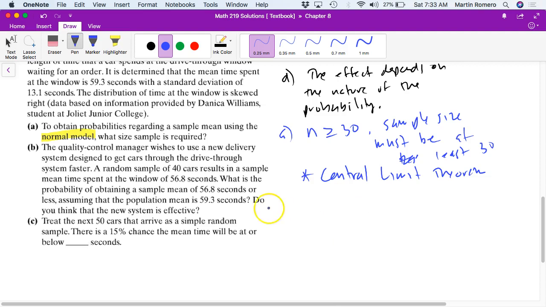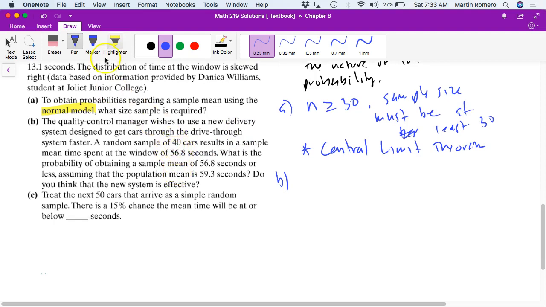Part B, now the manager wishes to use a new delivery system, a random sample of 40, so we have a large sample size right there, results in a sample mean time of 58.6 seconds. What is the probability of obtaining a sample mean of 56.8 seconds or less?